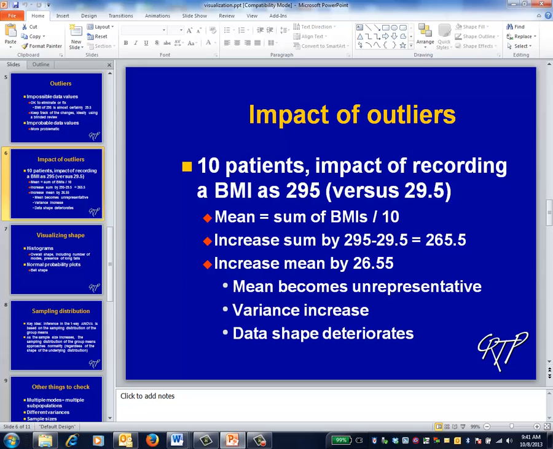Using the example in the slide, with 10 patients per group, replacing a BMI of 29.5 with an incorrect value of 295 would cause the group mean to increase by approximately 26 points, and thus be inconsistent with the main body of the data points. A secondary impact of outliers is to increase the variability of the observations within the groups, which reduces statistical power, and that's discussed later. Another secondary impact of outliers is to make the distribution of the data depart from normality.